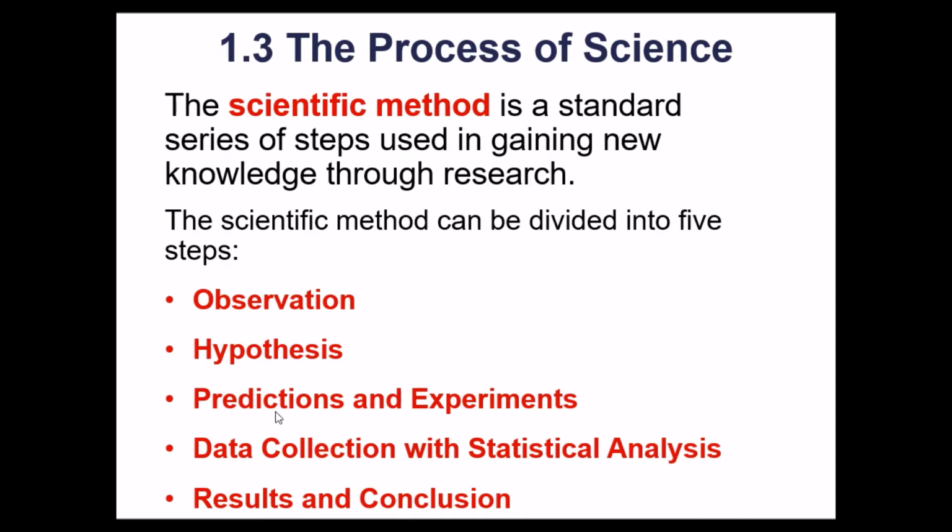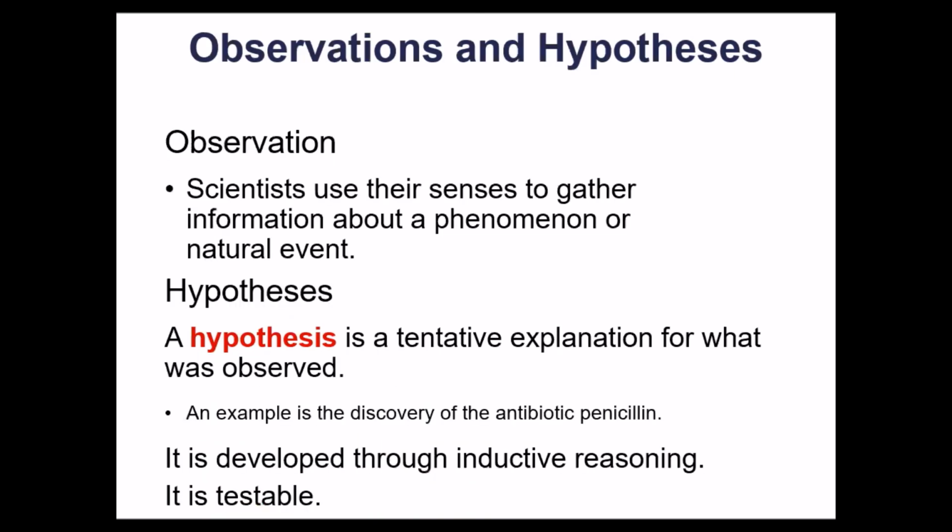We use it on a day-to-day basis, but it is a good way to try to learn more about a particular situation or problem. So let's look at some of these steps again. Observation. Scientists use different senses, looking at things or gathering some type of information about whatever situation they're trying to study.